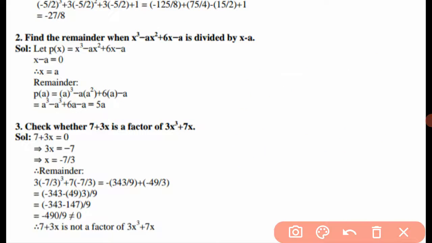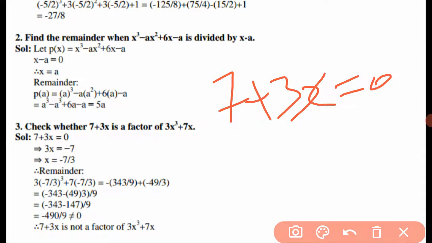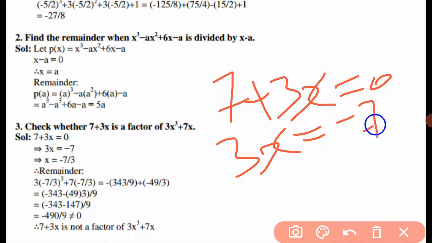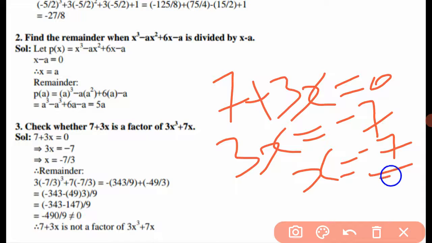So in the same way, see question number 3. In question number 3 we have to check whether 7 plus 3x is a factor of 3x cube plus 7x. So first we will put 7 plus 3x equals to 0, so 3x equals to minus 7, where the value of x equals to minus 7 upon 3.